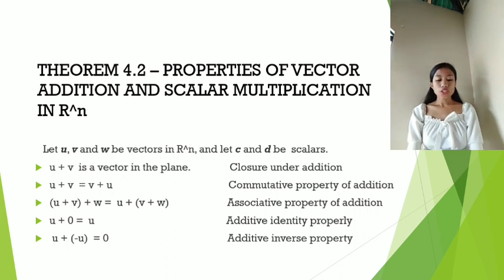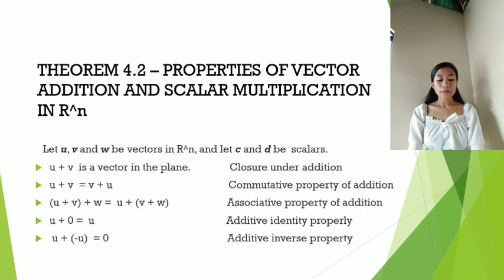Number 2, u plus v is equal to v plus u. This is the commutative property of addition. Then number 3, the quantity u plus v, plus w, is equal to u plus the quantity v plus w. This is the associative property of addition.